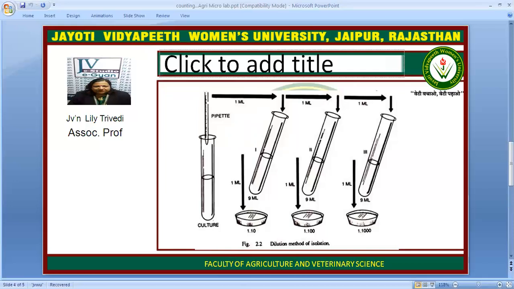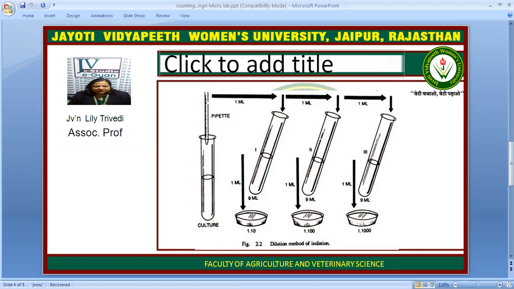For the spread of actinomyces, we use the glycerol casein plate. And for bacteria, we use a different agar medium, nutrient agar medium. We keep these plates on which we have put 1 ml of the solution and spread it through the spread plate method.